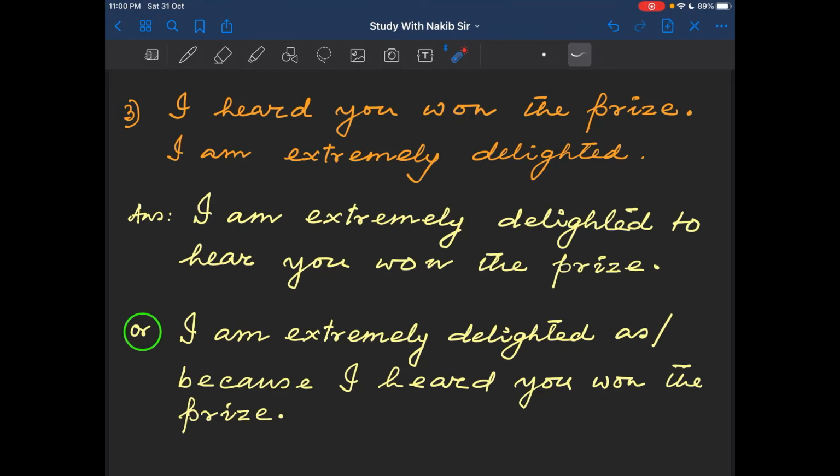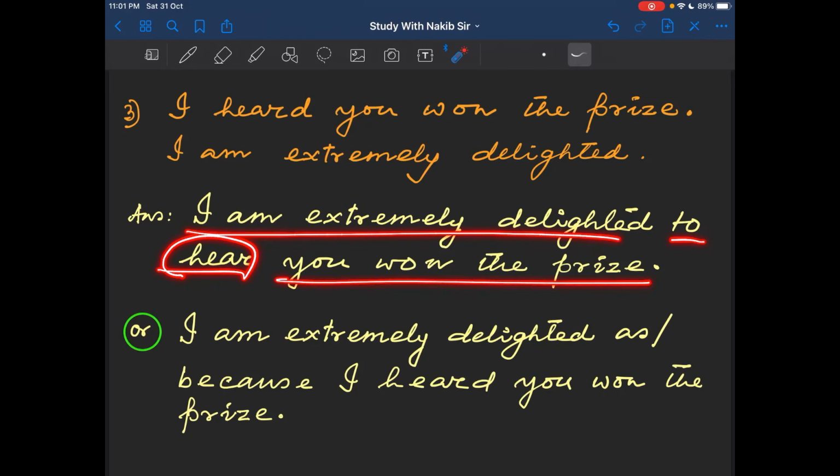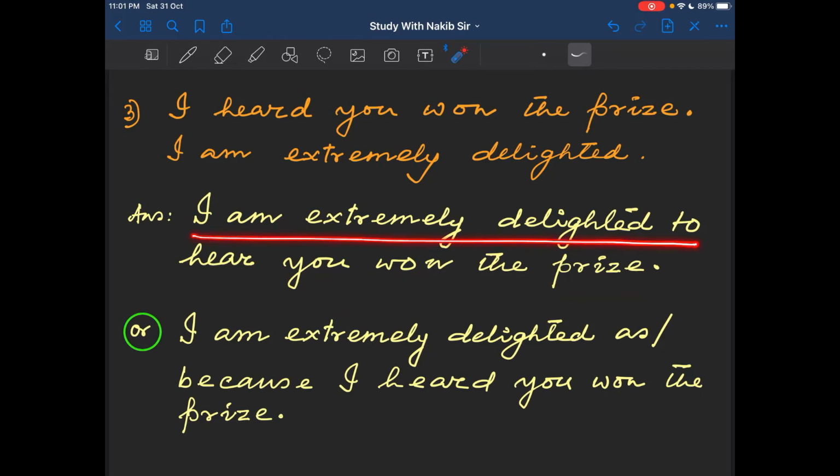So now see the answer. I am extremely delighted to hear that you won the prize. Okay. I am extremely delighted to hear. This is the infinitive and this one is the clause object to the verb infinitive here. So I am extremely delighted to hear. Here one "that" is understood, that you won the prize. I am extremely delighted to hear that you won the prize.